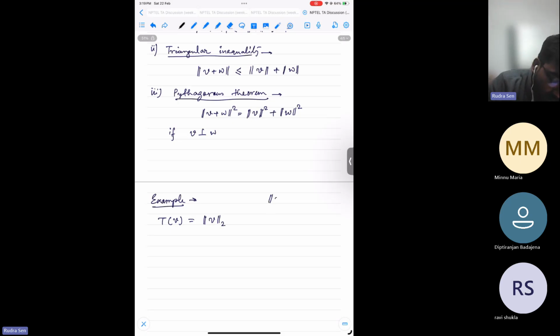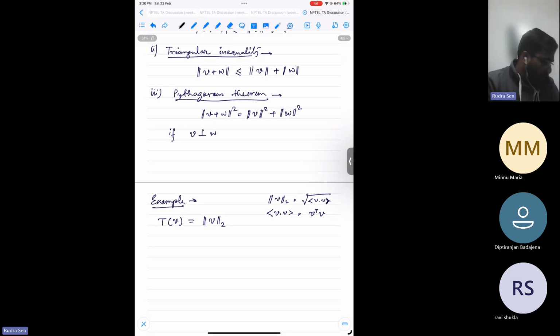This norm is basically the root of the inner product of V with V, that means V transpose V. First we do V transpose V and then take the root, and we get a norm, which is basically a scalar. Okay, so this is the transformation that I'm saying.